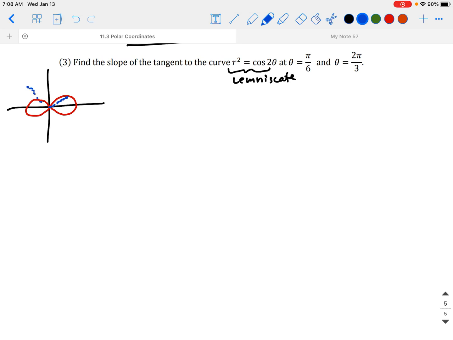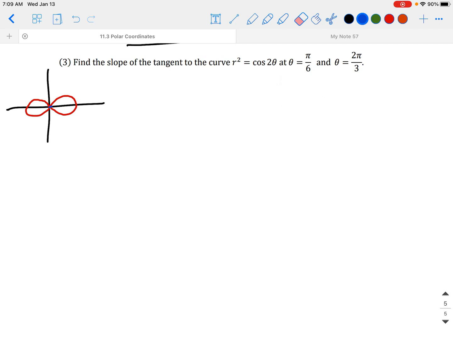And then 2 pi over 3 is going to be somewhere up here. What is the slope of the curves at those points? We have to be slightly careful because it's actually cosine 2 theta in our expression, so it's going to be a little bit trickier to identify exactly where the line is located, but we'll go ahead and try.